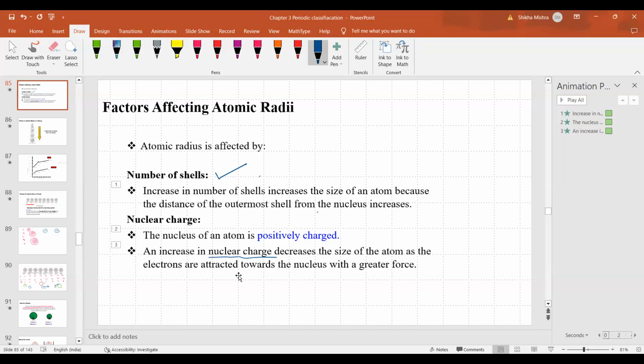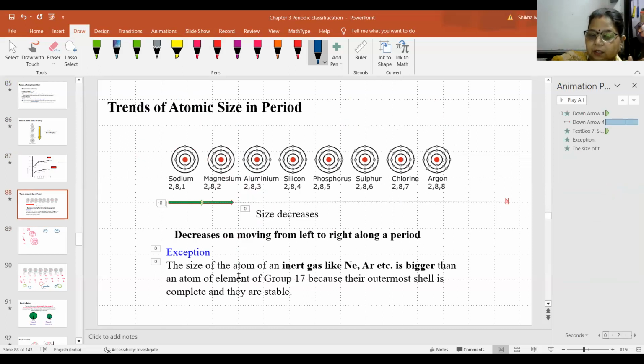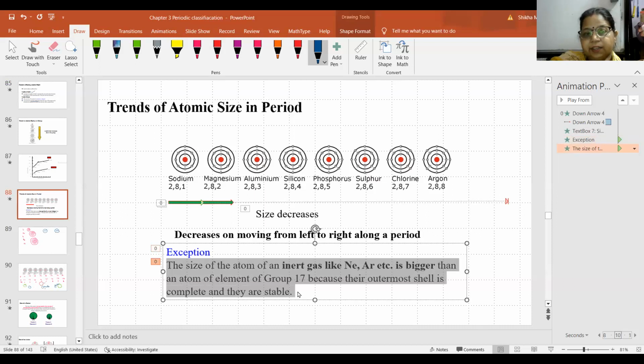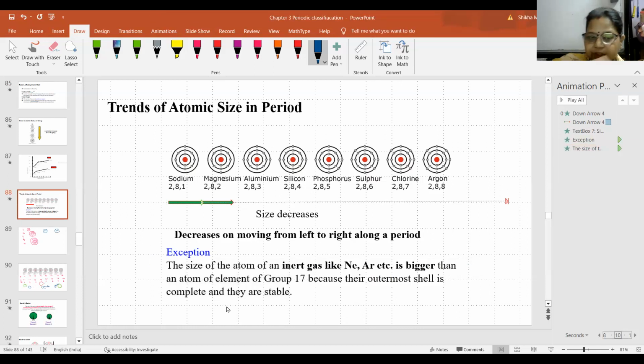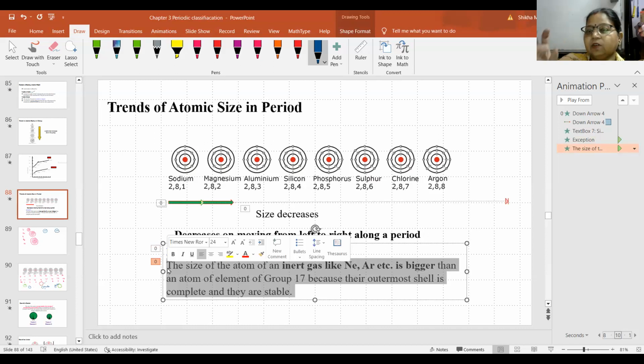Yes, ma'am. Okay. Now, this is something which I have put at the end. It can be an important question, which I have already told you, that if you see the data, you will realize that at the end, technically what I have written is correct, that the size of argon in this case will be slightly larger than chlorine.